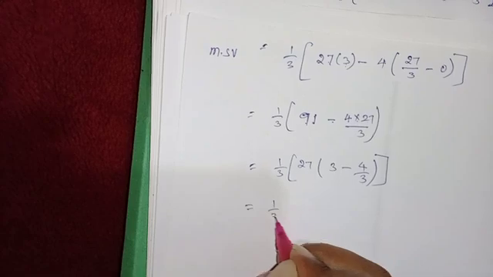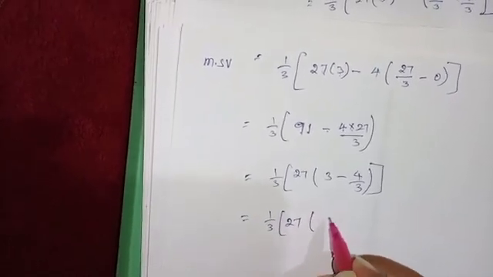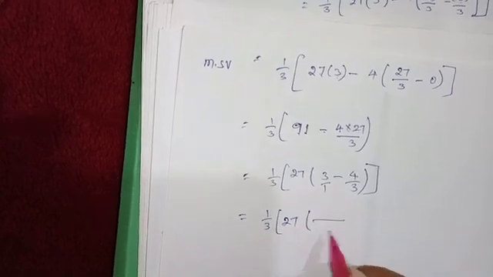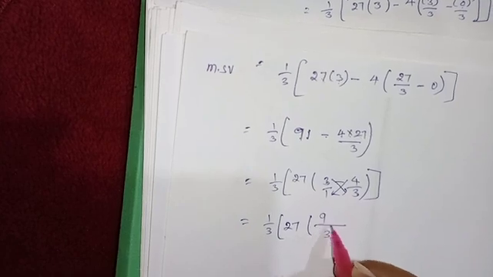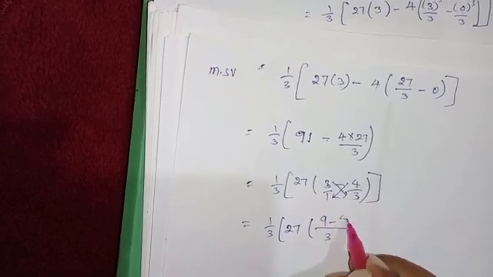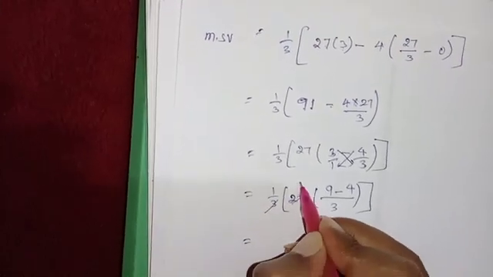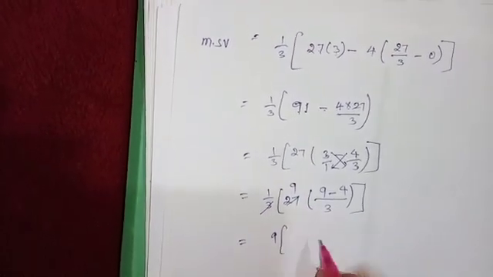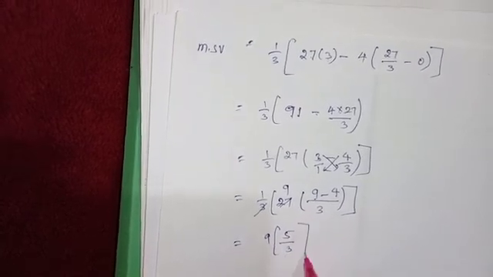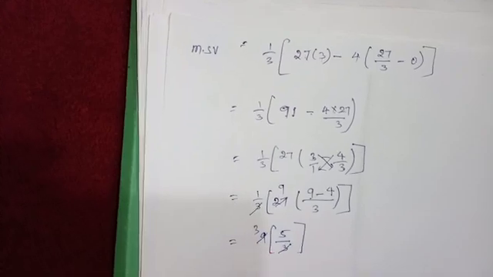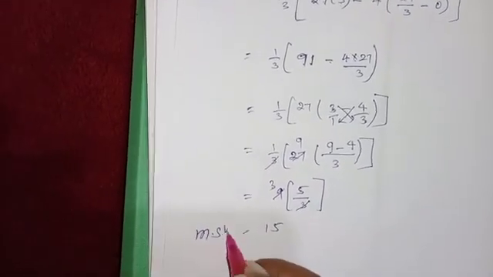That is equal to 1 by 3 whole into 27 into, the denominator is 1, LCM is 3, cross multiplication, so 3 3s are 9 minus 4 1s are 4, that is equal to 9 minus 4 it is 5 by 3. See, 3 1s are 3, 3 5s are 15, so therefore MSV is equal to 15.